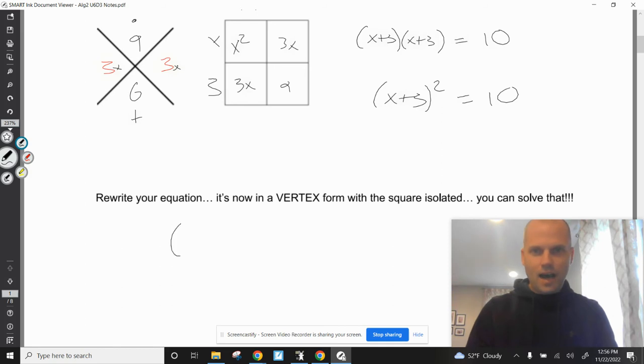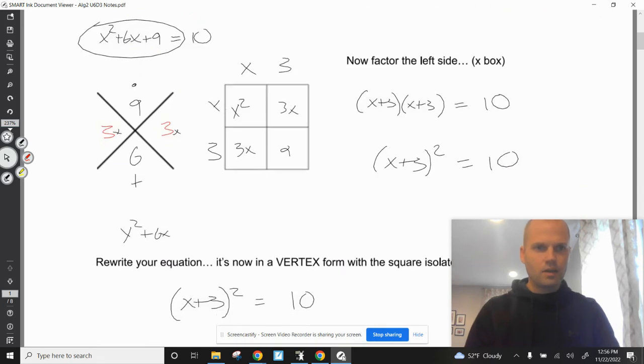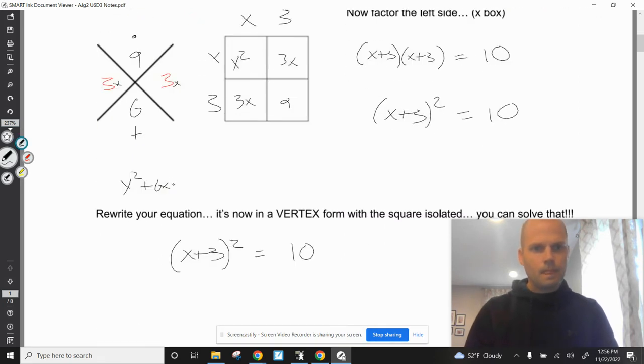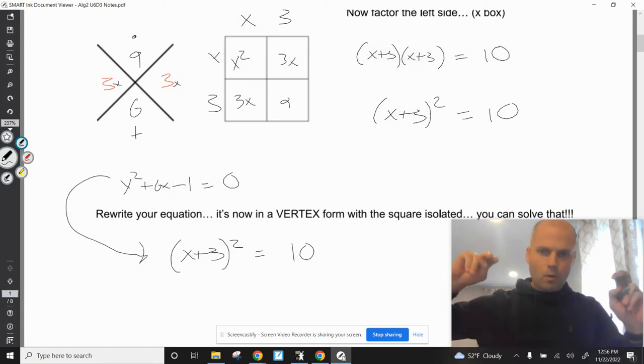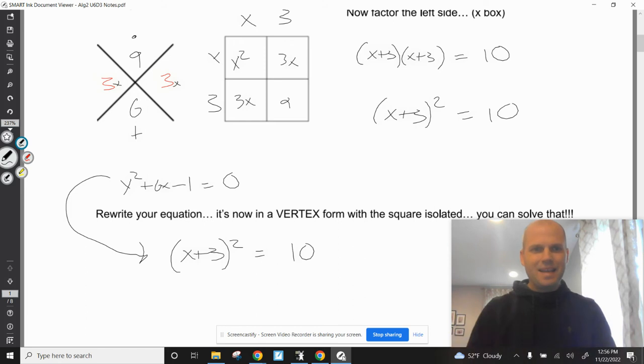And now I have something in vertex form. I've just taken x squared plus 6x minus 1 and turned it into vertex form by what we call completing the square, by moving this number and then adding a specific number to both sides.